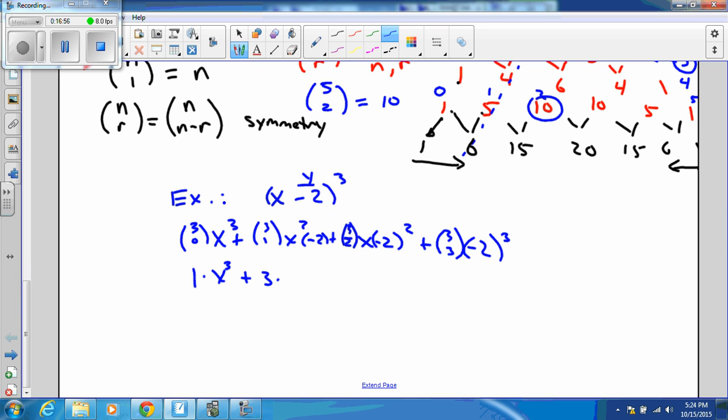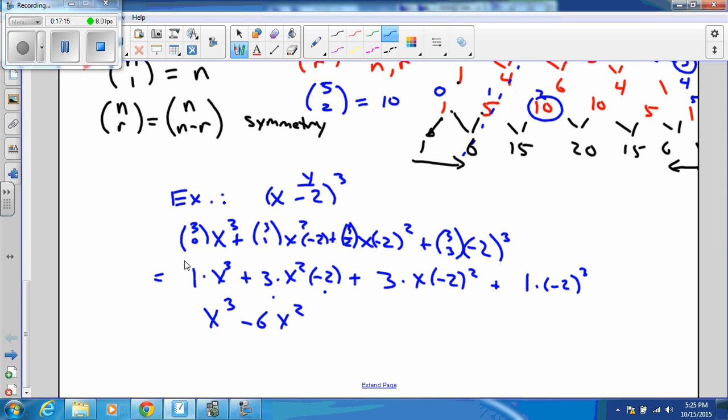So reading those values, we get 1 for the first one, we get 3 for the next one, we get 3 for the next one, and we get 1 for the last one. And that gives us x cubed minus 6x squared, that's negative 2 times 3, plus 4 times 3 is 12x, and then this would be minus 8.